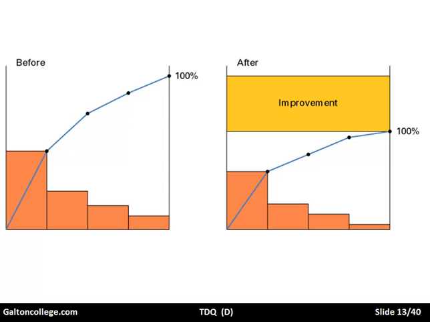If we consider intervention by management in the drive to get total quality management, then what we would have is the Pareto curve we've just had on the left, and then after the improvements have been made, we'd expect the curve to look like the one on the right.